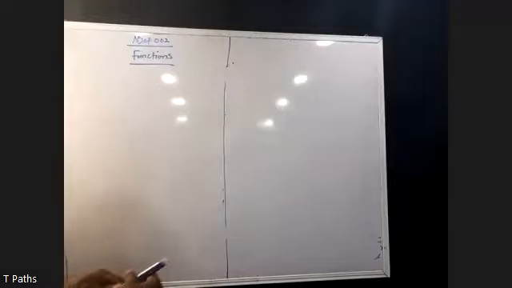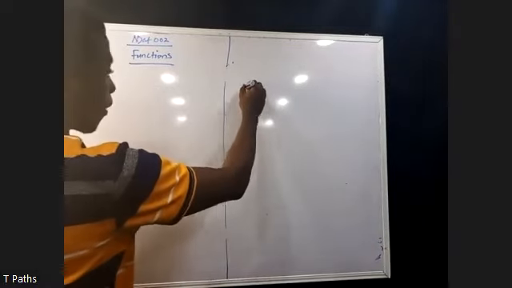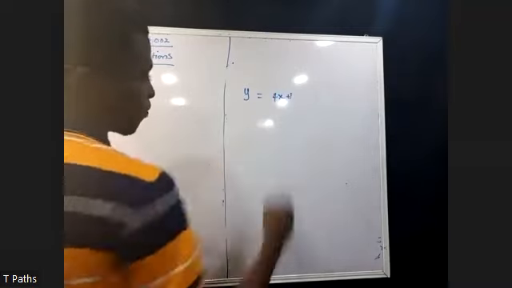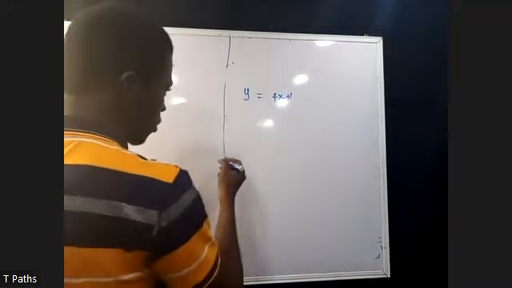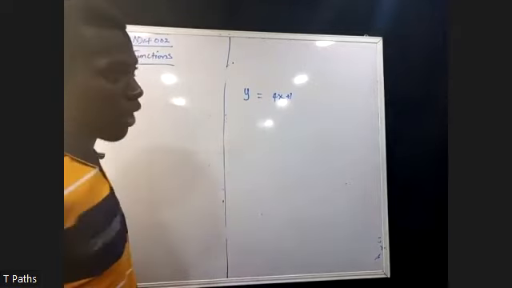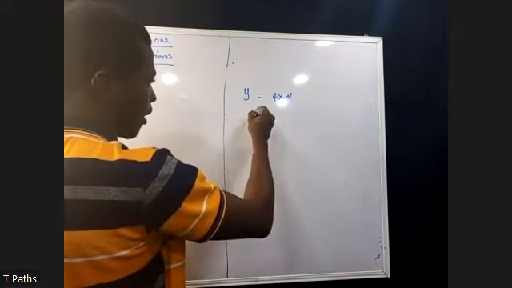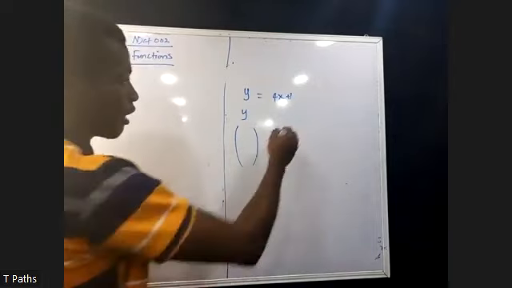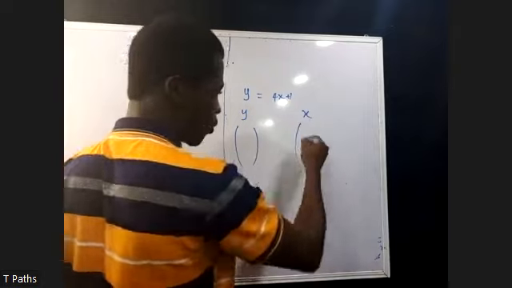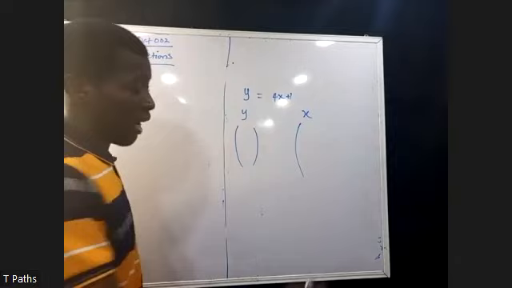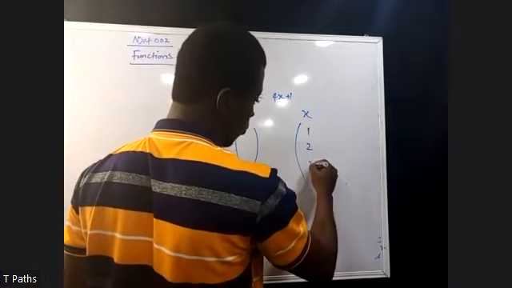So, if I say y is equal to 4x plus 1, right? I have y is equal to 4x plus 1, and this is y. It can be written like this. This is x, where x will be any number in what? In natural number. Let's just say 1, 2, 3.